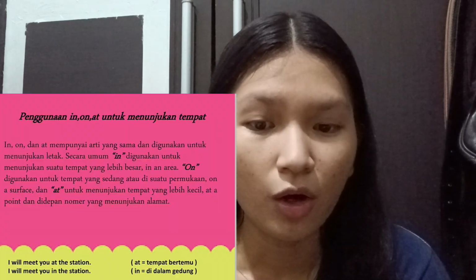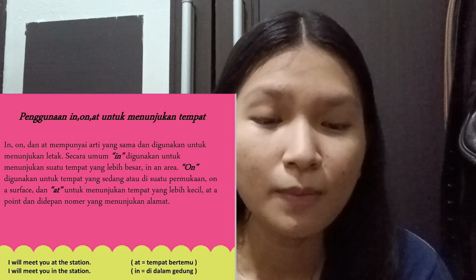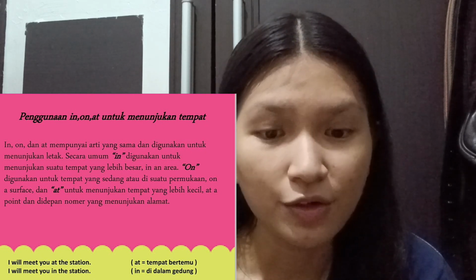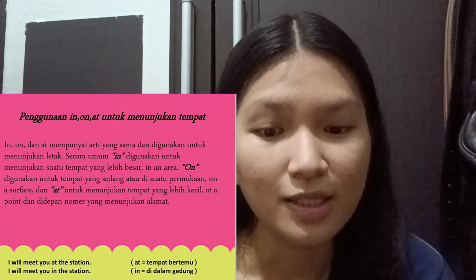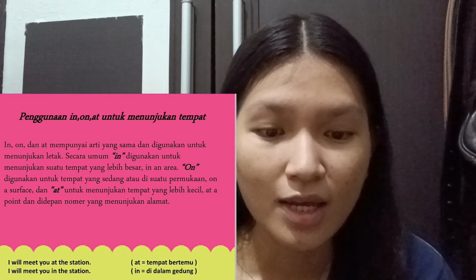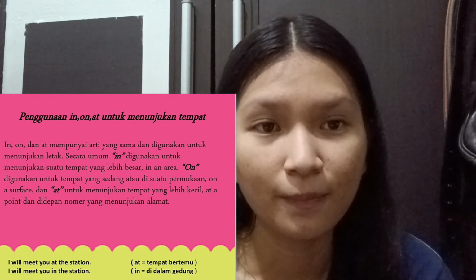Use in, on, at to indicate place. In, on, and at have the same meaning and are used to indicate location. In general, in is used to indicate a larger place or area. On is used for a medium place or on a surface.